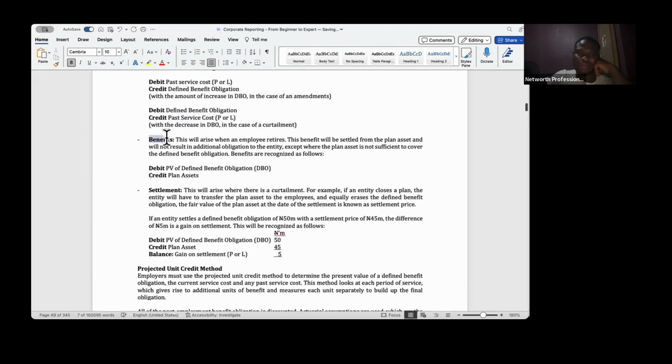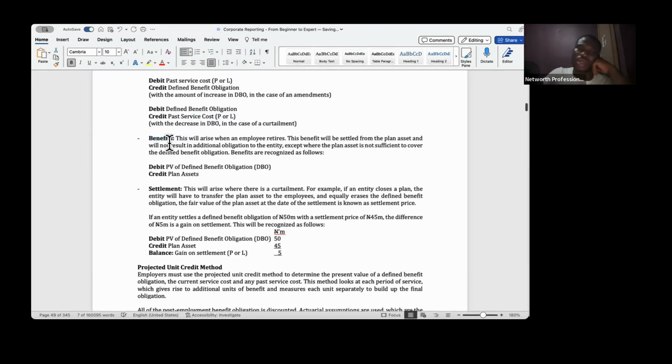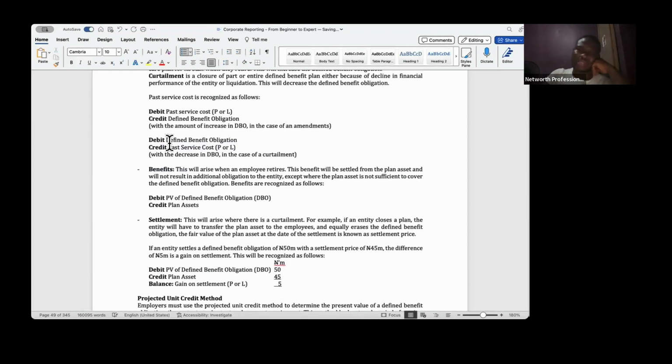Then benefit paid, right? Somebody might retire, or somebody can say, I want to go to another company. So we might have to pay benefits, but this benefit is speaking to somebody that retires or leaves the company. When that happens, that means that obligation will have to be settled, and it is going to be settled with the plan assets.